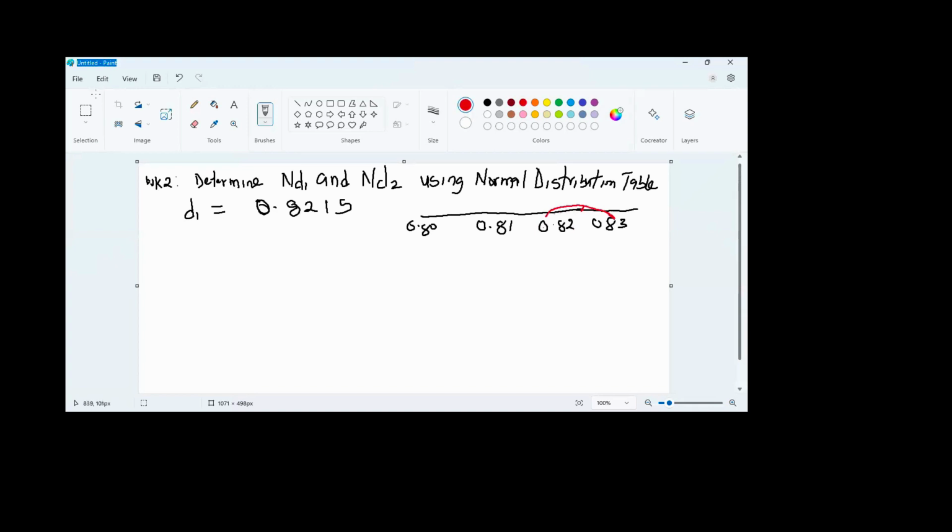If you look at it, 0.8215 is between 0.82 and 0.83. That means the range is between 0.82 to 0.83.